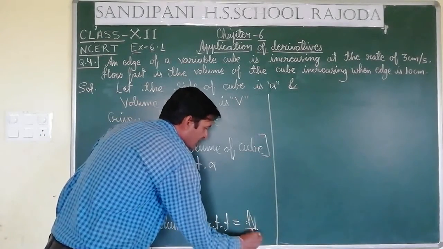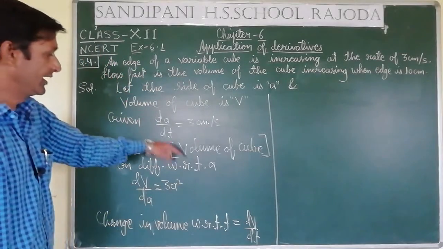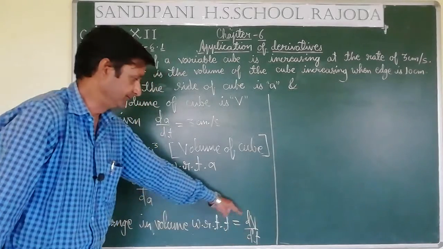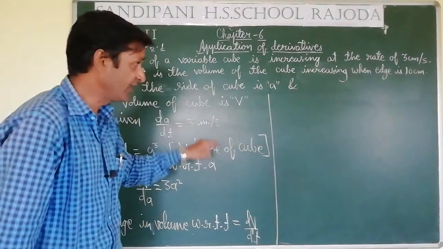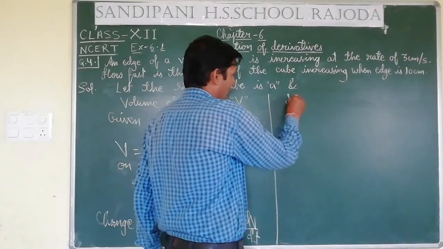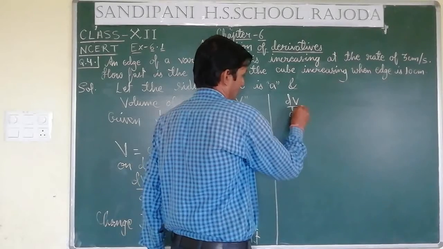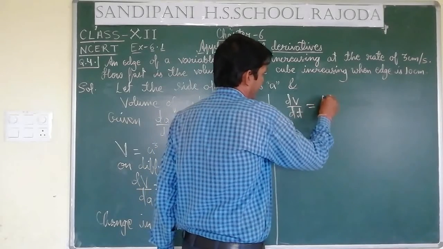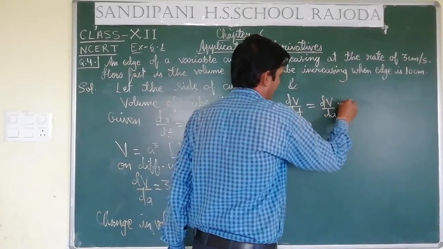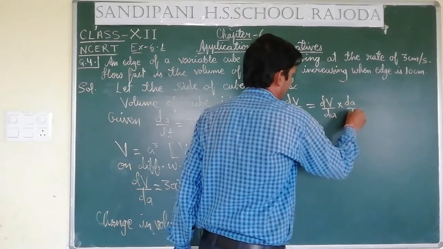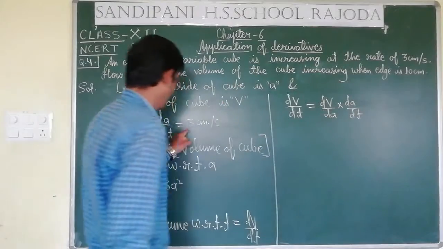Here it is with respect to time, because with respect to time only the edge is given. So dV by dt is equal to dV by dA into dA by dt. dA by dt is already mentioned, it is given there.